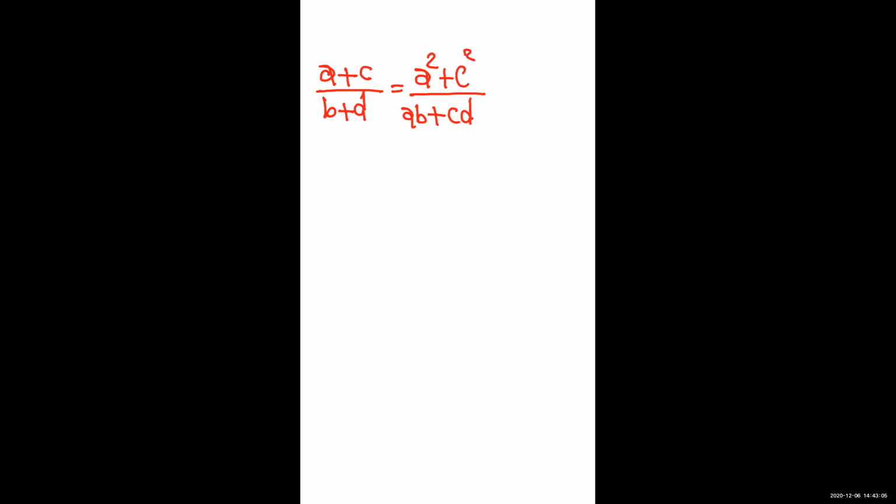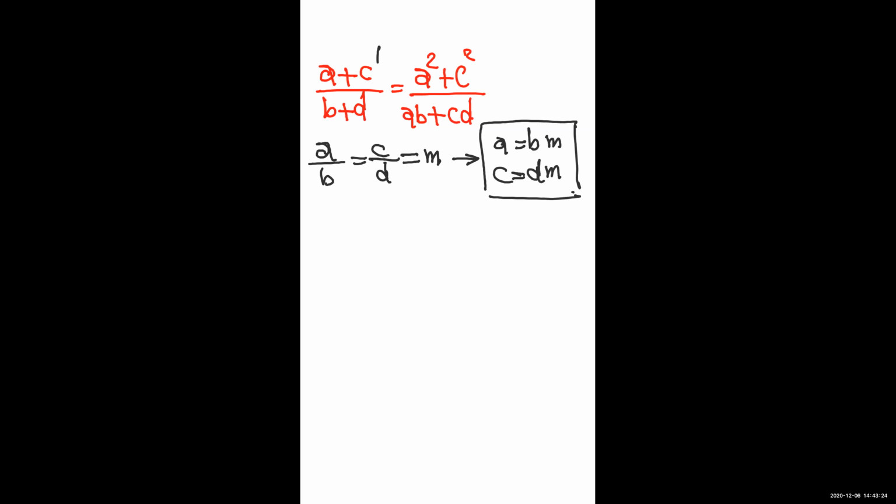Okay. Again, guys, the same solution steps. A over B equals C over D equals M. So now from this, we can get that A equals BM and C equals DM. Now substitute with these values and start with the left hand side.